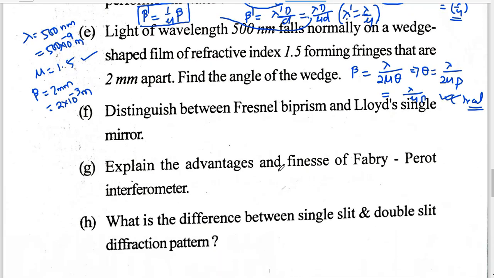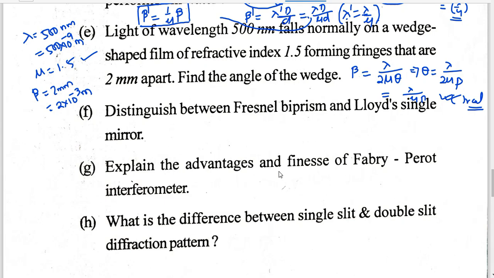Distinguish between Fresnel's biprism and Lloyd's single mirror. Both the setups are used to obtain coherent sources. Fresnel biprism basically uses two prisms, and Lloyd's single mirror uses only a single mirror, and there is a big difference. I'm just telling briefly.